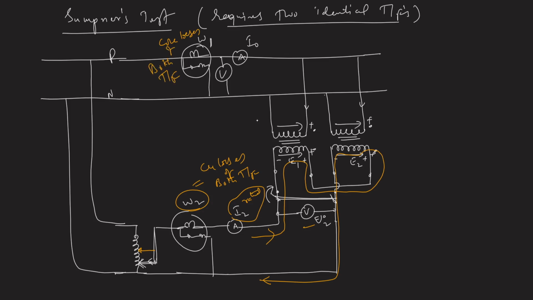Okay, and if you notice, this secondary circulating current will also produce a corresponding primary current. So this is coming like this, and so this is coming like this.